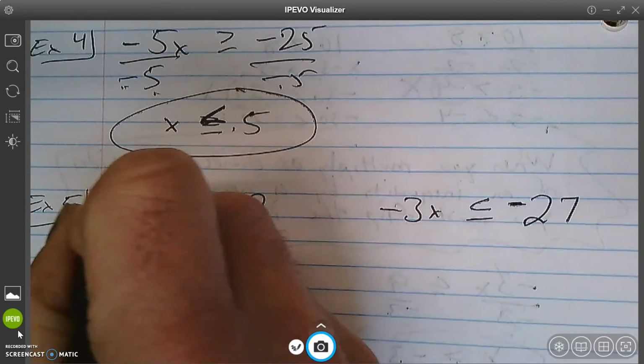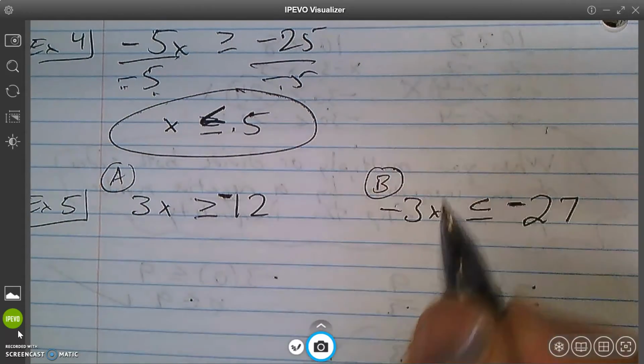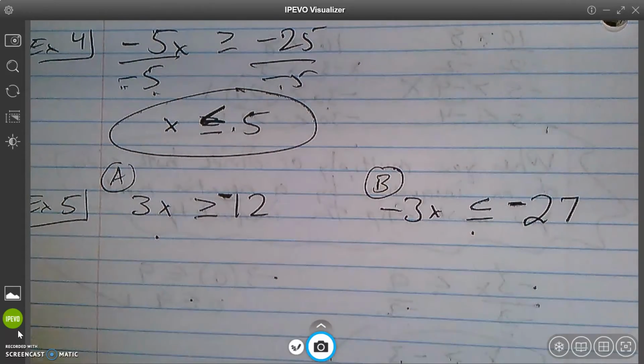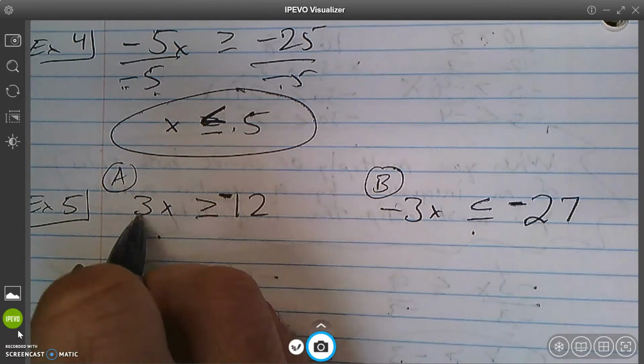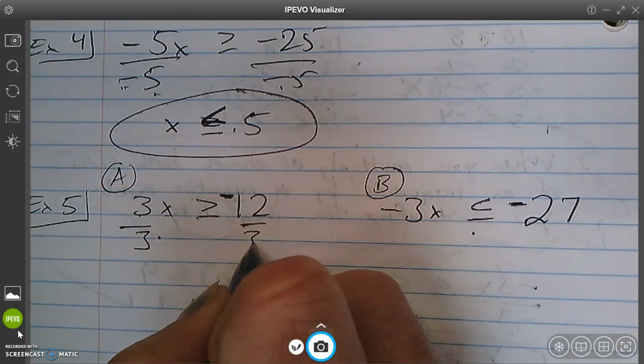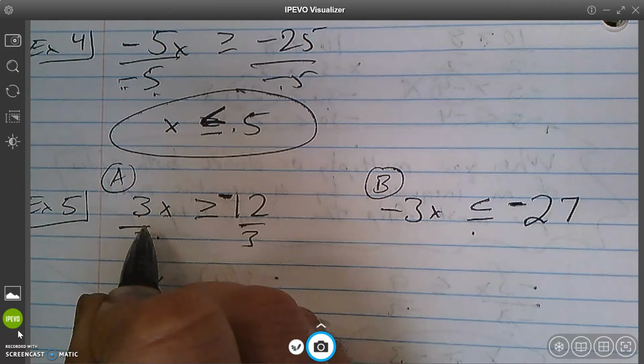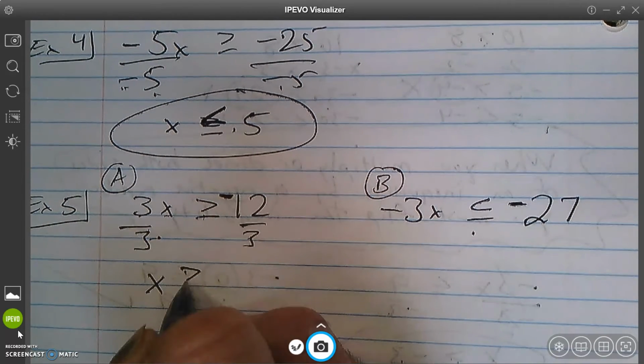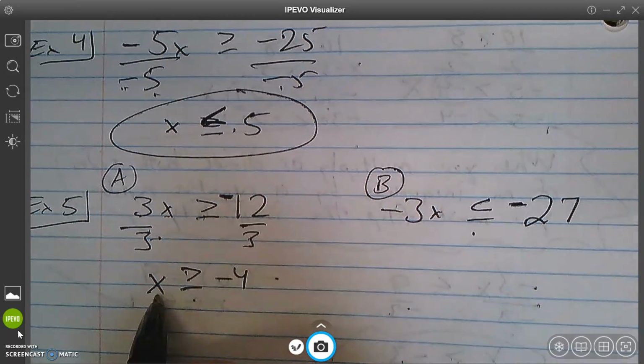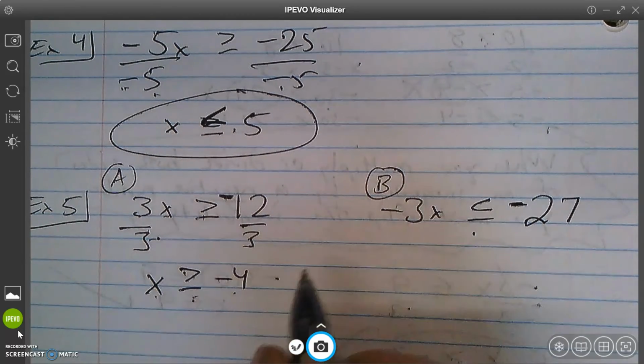So here's A and here's B. Which one do you flip the inequality when you're solving and which one do you not? Go. All right, let's see. I'm dividing by a positive here. So the inequality stays the same. X can be anything greater than or equal to -4.